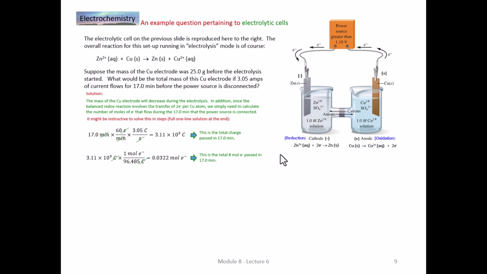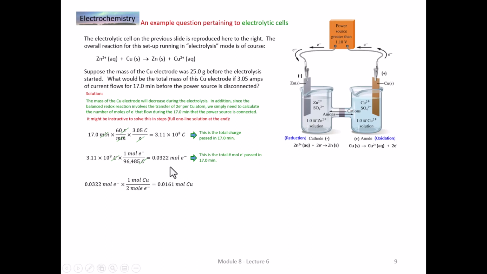Now this is important, counting these electrons, because when we count the electrons, we can get a handle on how many copper atoms were turned into copper ions, because it takes 2 moles of electrons to be lost to produce 2 moles of copper ion, or in other words, to lose 1 mole of copper metal.